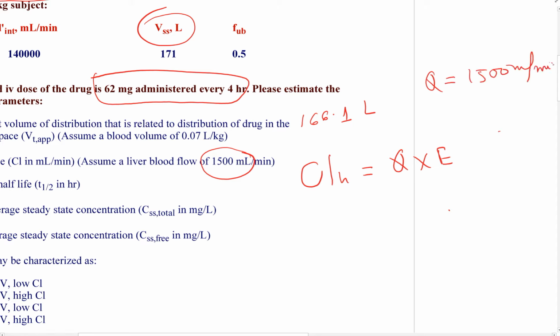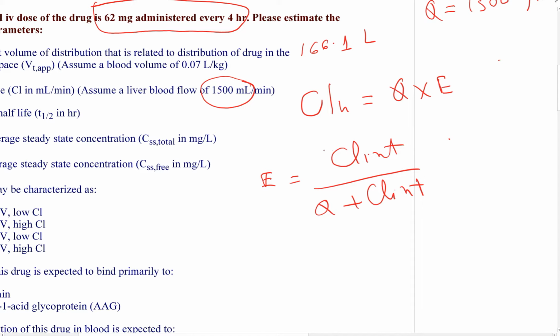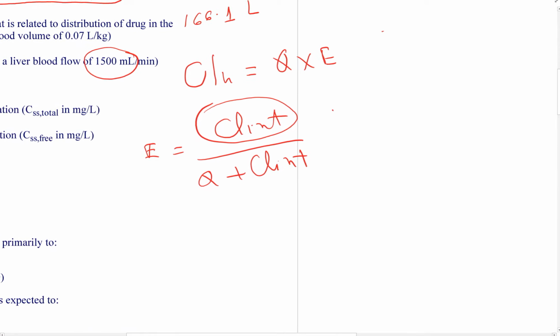To calculate E, we have that equation: E is CLINT divided by Q plus CLINT. In our notes we have described CLINT as the hepatic intrinsic clearance.